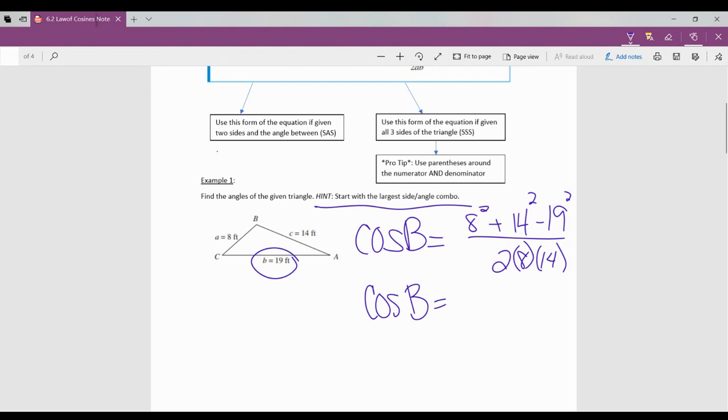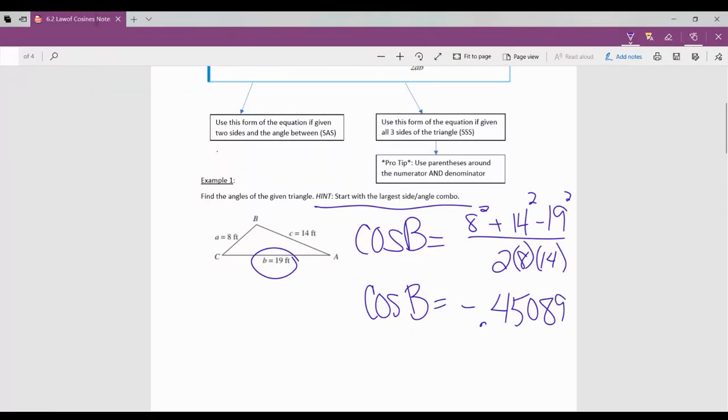I'm using the multiplication symbol, not the parentheses symbol, in my calculator. I hit enter, and I get that cosine of B is equal to negative 0.45089.